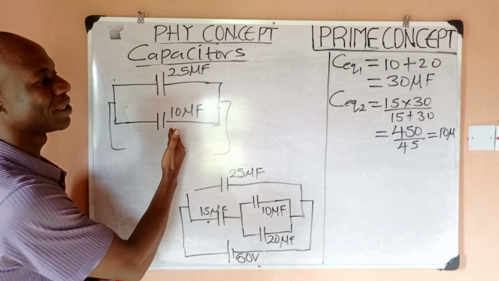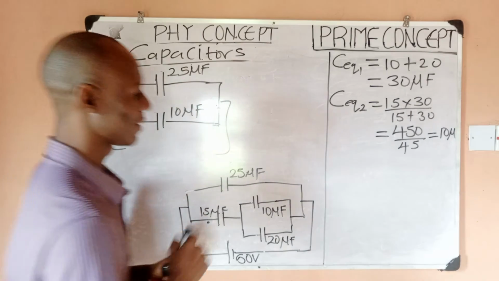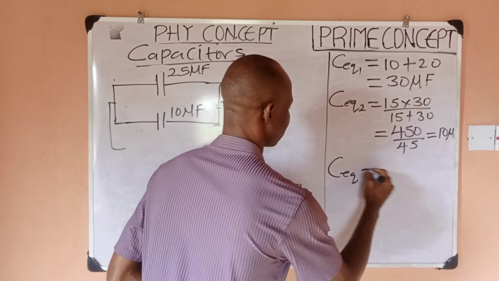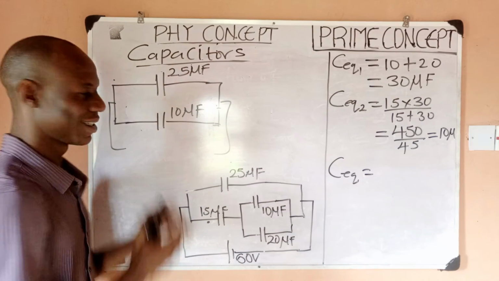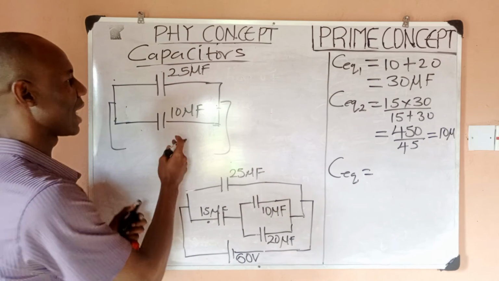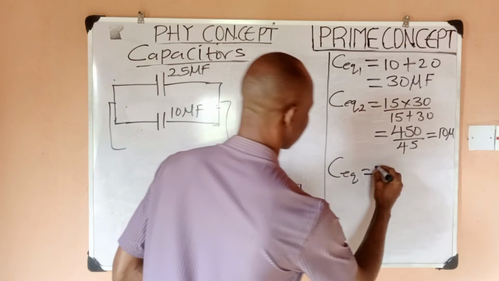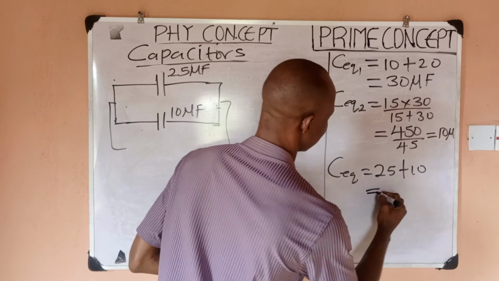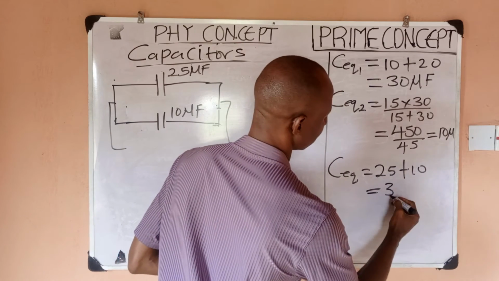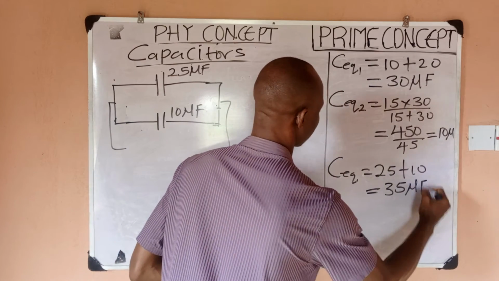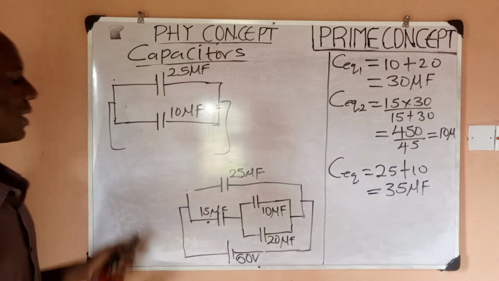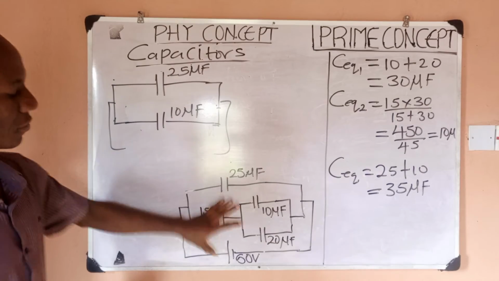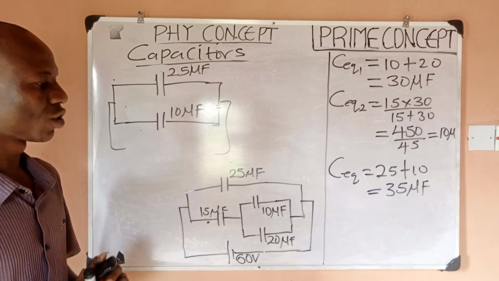Since they are arranged in parallel, the equivalent is their direct sum. So our equivalent is simply 25 plus 10, which gives us 35 microfarad.